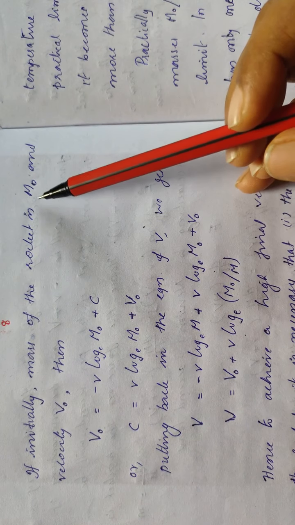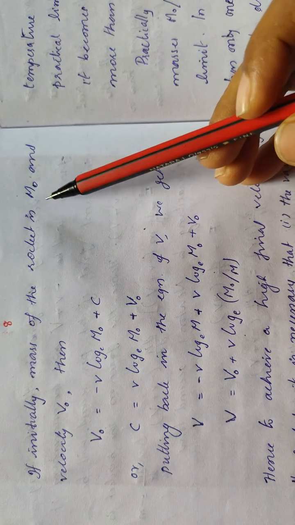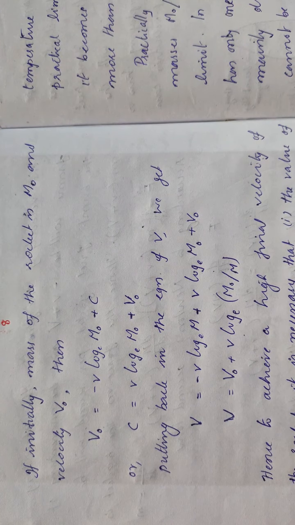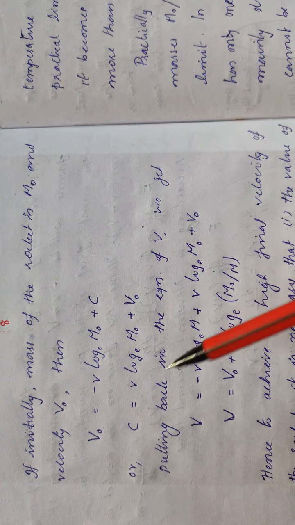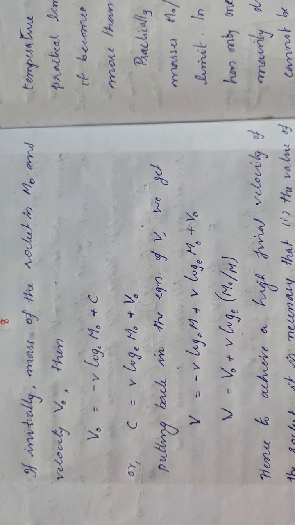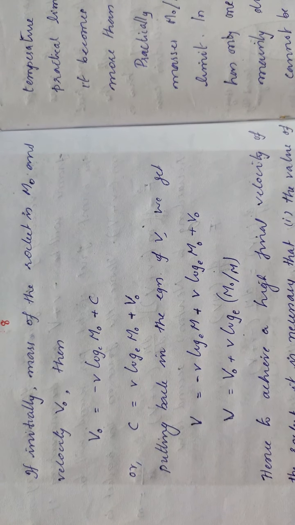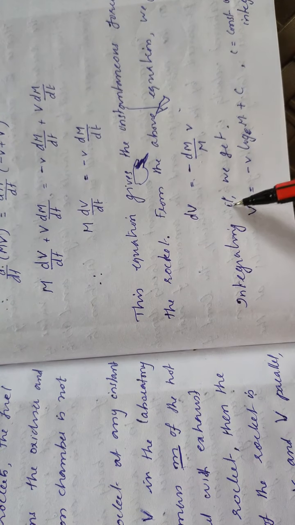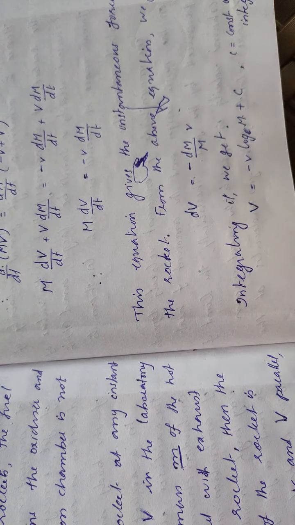Initially, we take the mass of the rocket as M0 and the velocity as capital V0. Putting these values in the equation, we get V is V0 and M is M0.